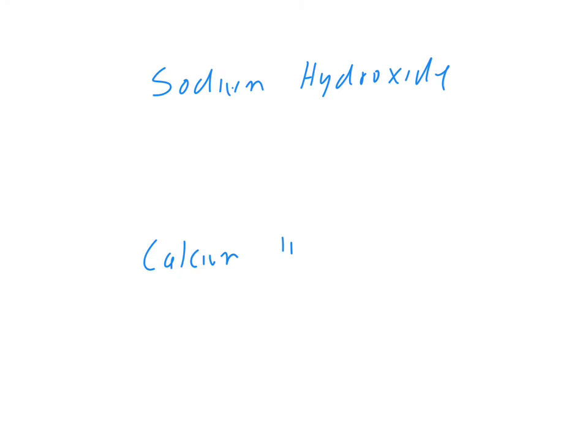The same mistakes could, I guess, get made with cyanide, but it's not as common as hydroxide. Hydroxide compounds are very common. So let's look at a couple of examples: sodium hydroxide and calcium hydroxide.